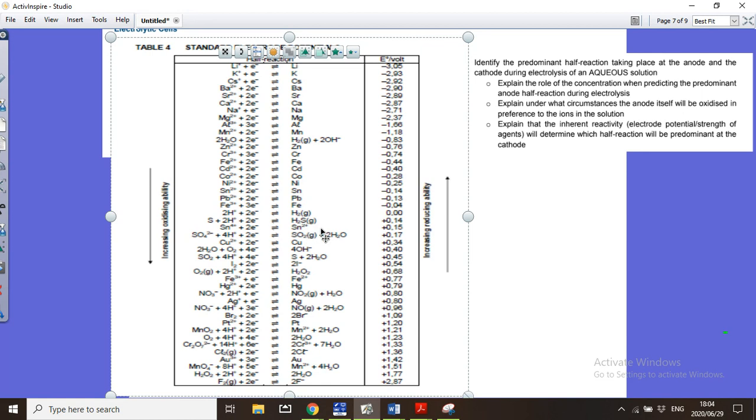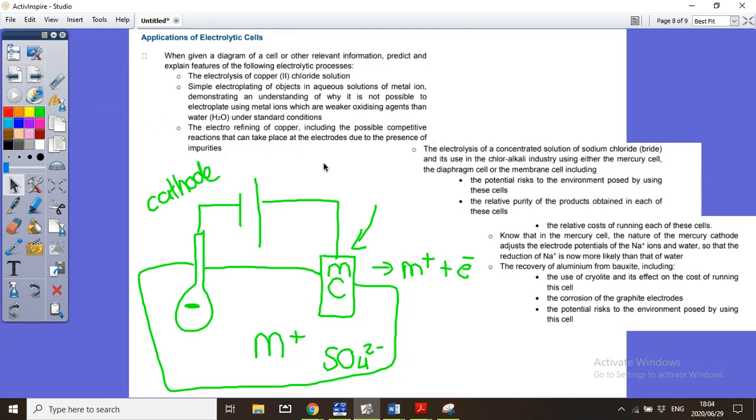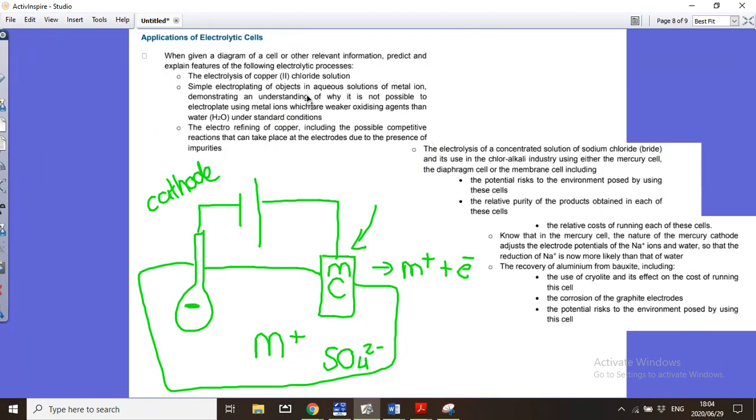So the sentence that I said, you're going to say that copper is the strongest oxidizing agent and therefore would rather be reduced to form copper metal than all these other ions. Okay, so please remember that. If there's something like gold, those normally just fall down to the bottom as rubbish or sludge. So that's the copper refining.